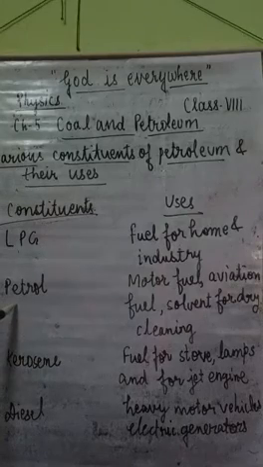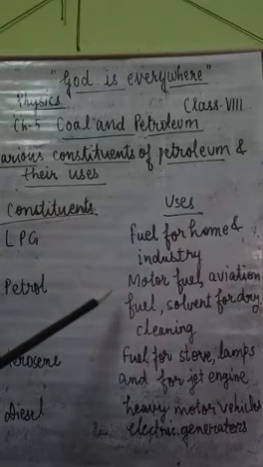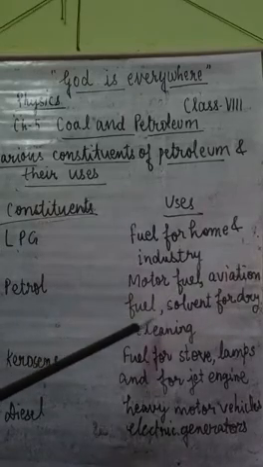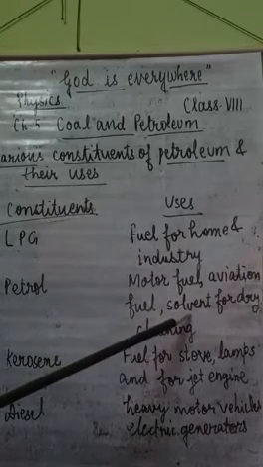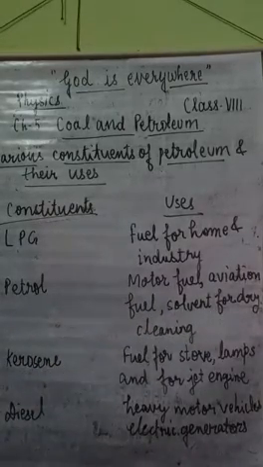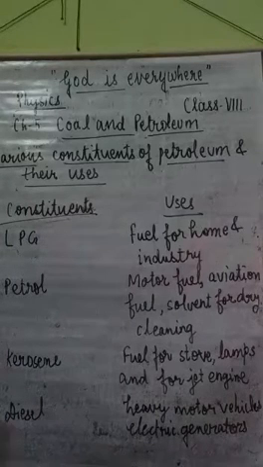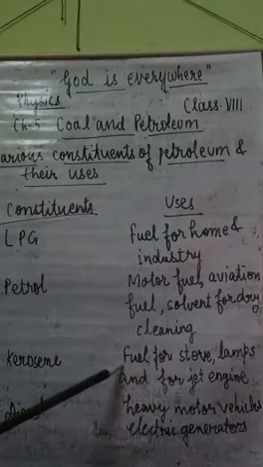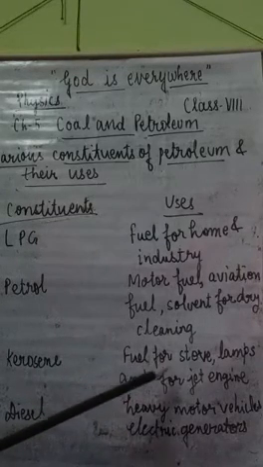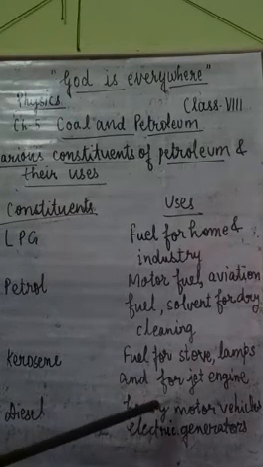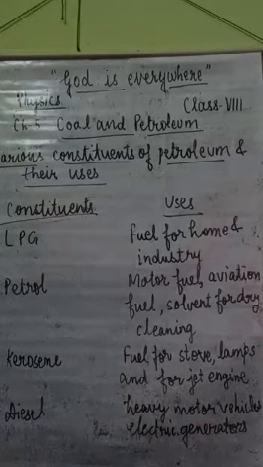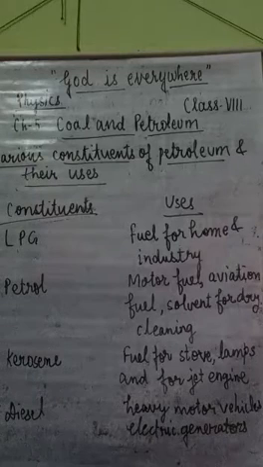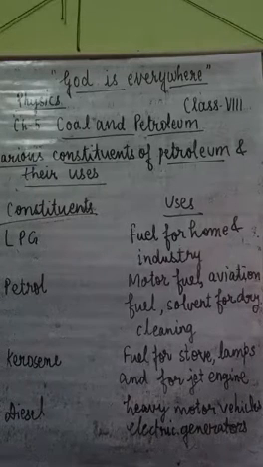Second is petrol, which is used as a fuel in motors, as aviation fuel, and also as a solvent for dry cleaning. Kerosene is also used as a fuel for stoves, lamps, and jet engines. And diesel is used in heavy motor vehicles and electric generators.